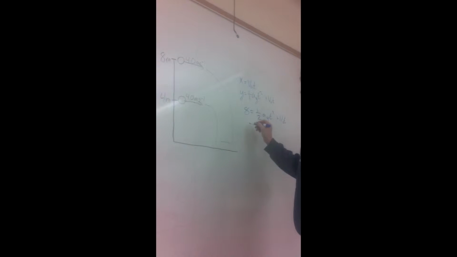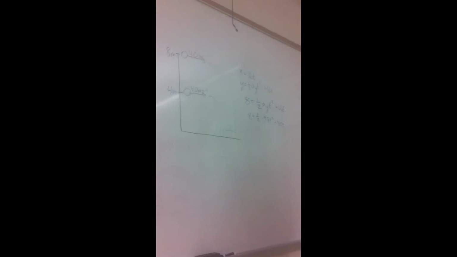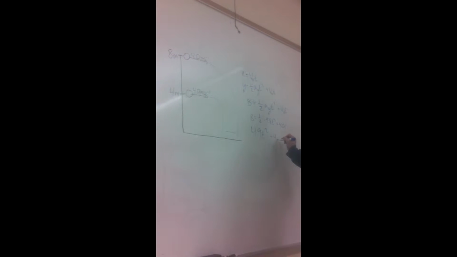That becomes 8 equals 1/2 times negative 9.8 times time squared plus 4.0 times time. That becomes the quadratic equation 4.9 t squared plus 4.0 t minus 8 equals 0.